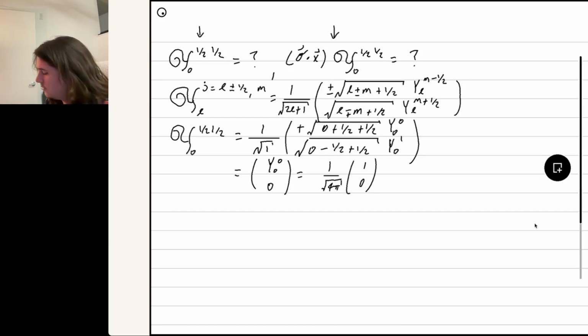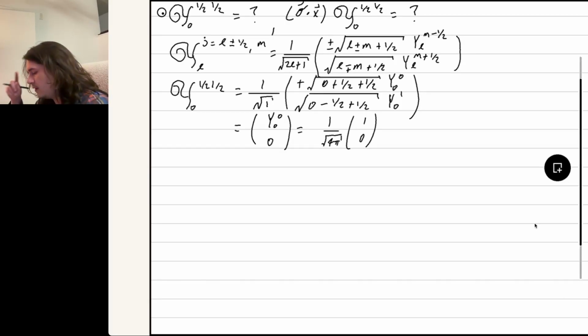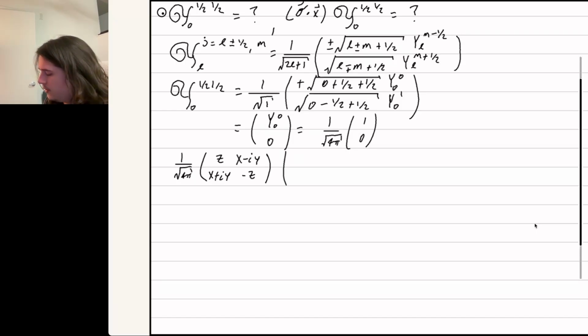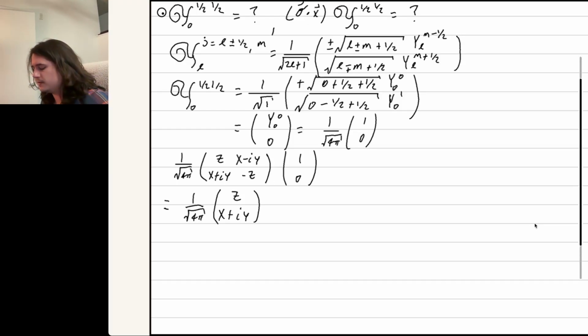So sigma dot x will form a matrix which will look like z, minus z, x minus i y, and x plus i y. When we operate on this vector, it will just give us 1 over root 4 pi, and z and x plus iy are the components.